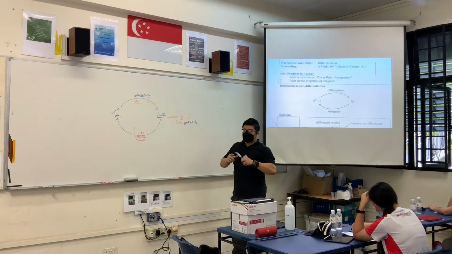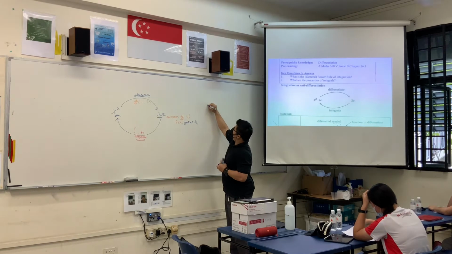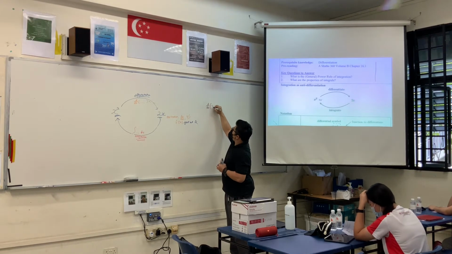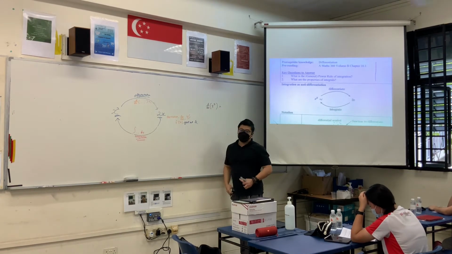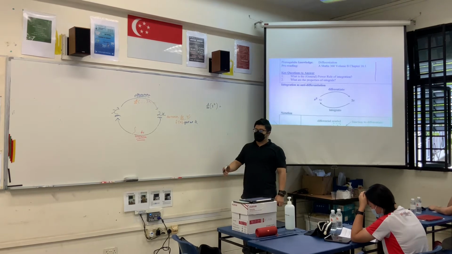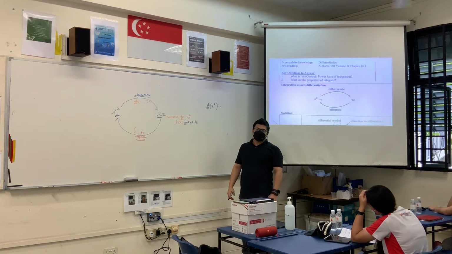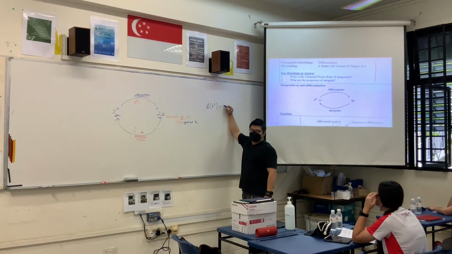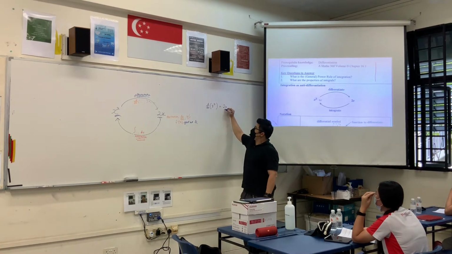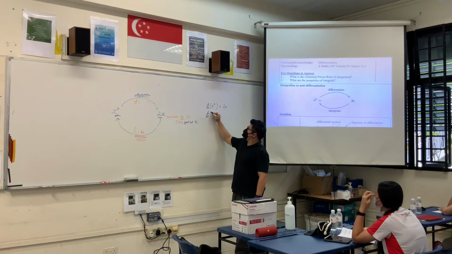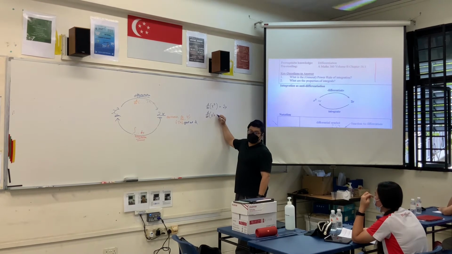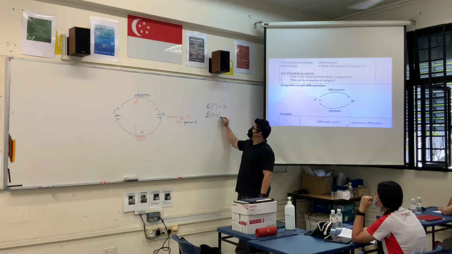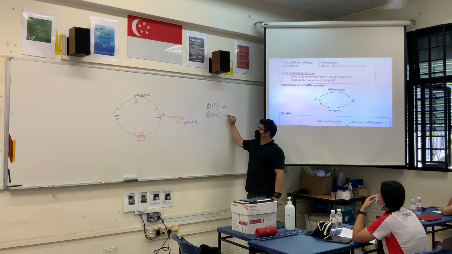A few things. If I differentiate x squared, what do I get? Joshua, give me a name. Joshua: 2x. If I differentiate x squared plus 10, 2x.